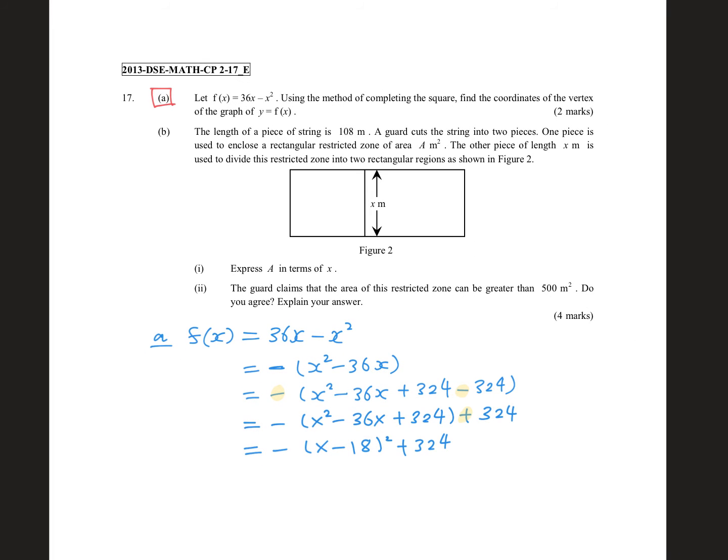And then we can use the vertex form. By using this completing the square process, we rewrite the quadratic function in general form into its corresponding vertex form. And from this vertex form we can directly write down the required vertex. So that will be 18, 324.